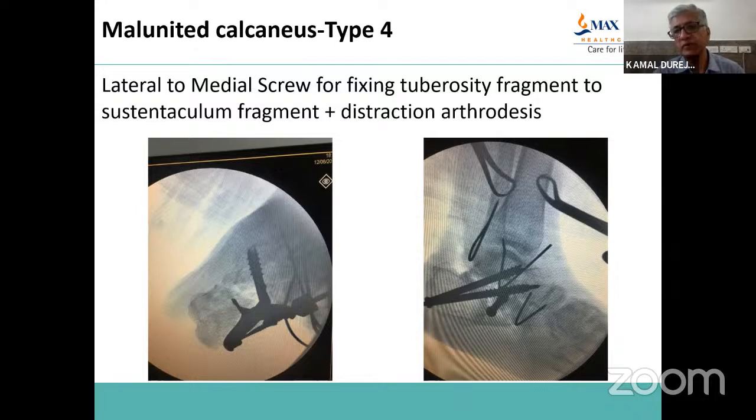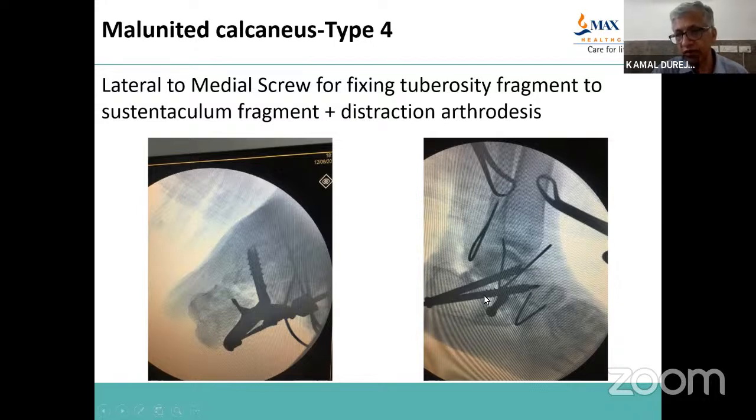So another principle which works better in these cases is to not pass parallel screws, rather divergent screws, because the divergent screws would not permit the collapse of the graft. Another thing which you can do is use one of the screws which has long threads.